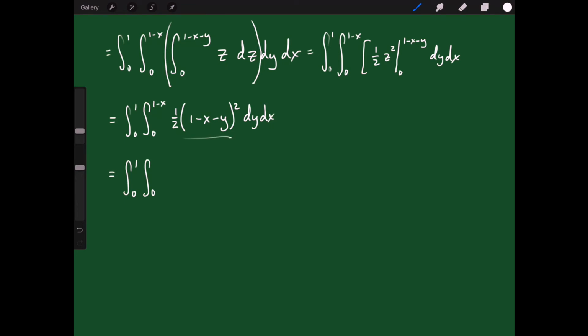So, oh, I'm sorry. Let's go back a minute. So I'm going 0 to 1, and then I want to take an antiderivative here. So antiderivative, I believe we'll get -1/6 times 1 minus x minus y cubed evaluated from 0 to 1 minus x dx.